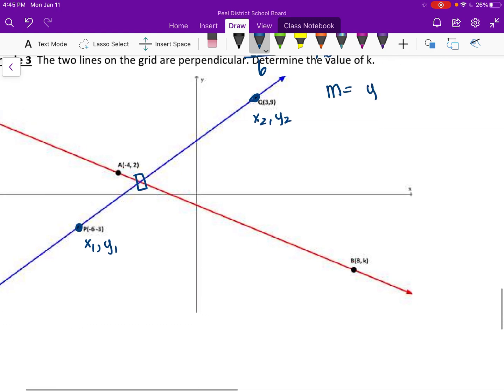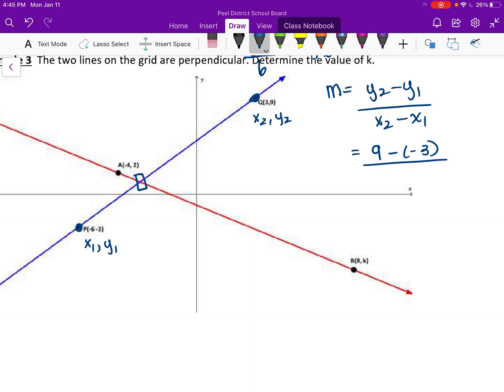Slope is equal to y2 minus y1 over x2 minus x1 is equal to 9 minus negative 3 over 3 minus negative 6, right? So I'm left with 9 plus 3 over 3 plus 6.